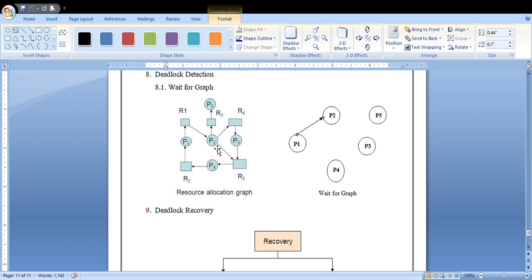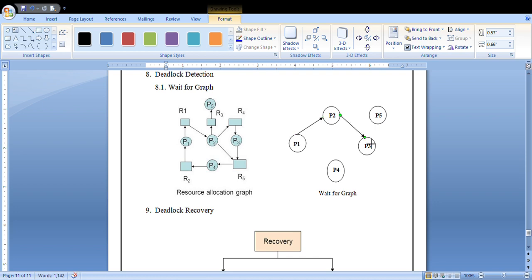Next, here P2 process is allocated with the R1 resource. Now P2 process is waiting for R4 resource, which is already allocated for P3 process. So from P2 process, it is waiting for P3 process to release the resource.